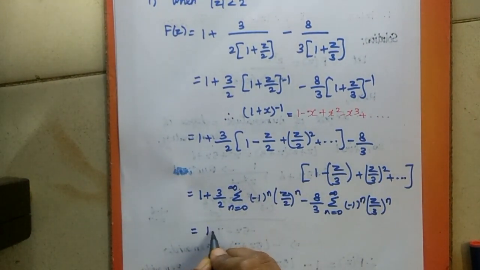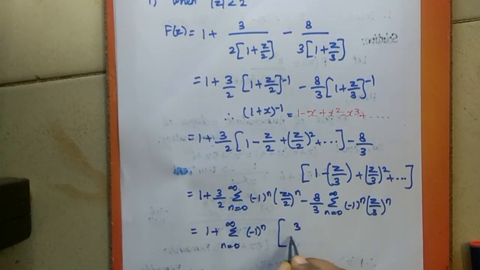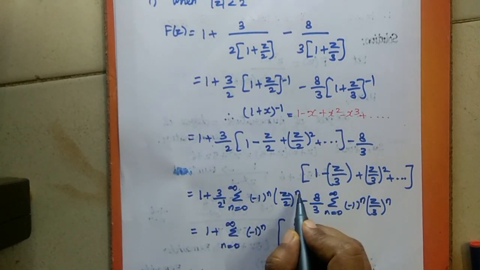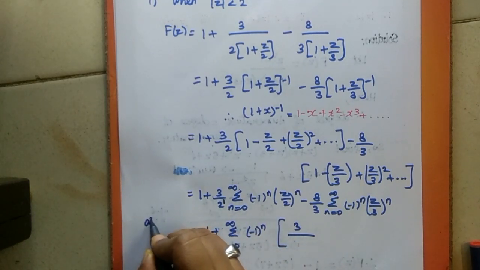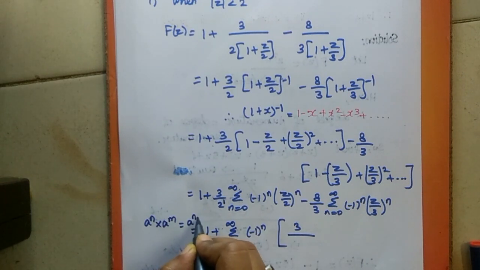Equal to 1 plus summation n equals 0 to infinity, we take common out this term into minus 1 power n, 3 divided by 2 power 1, 2 power n. The bases are the same, and we have the formula a power n into a power m gives a power n plus m.